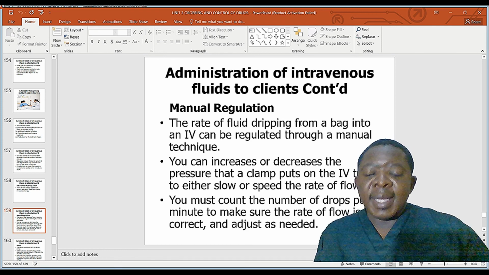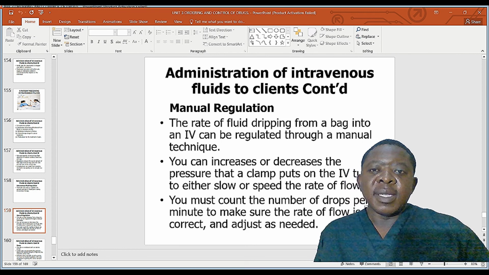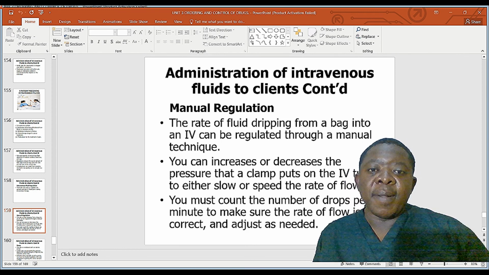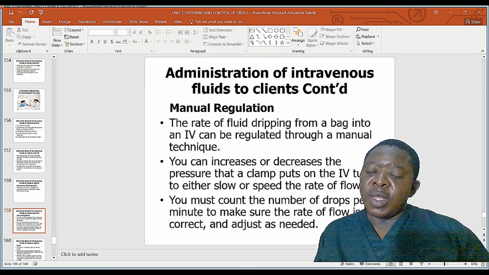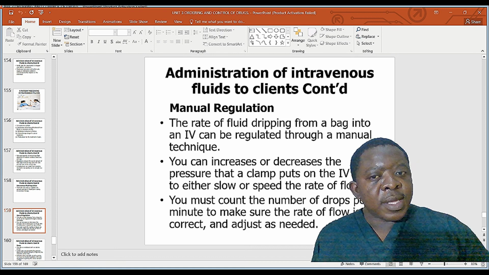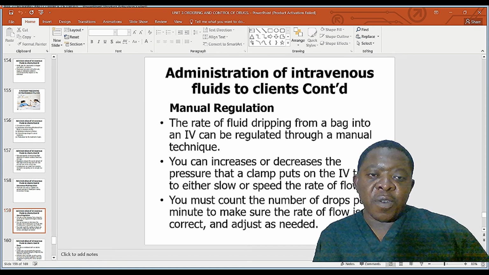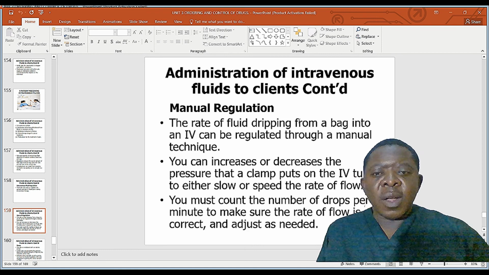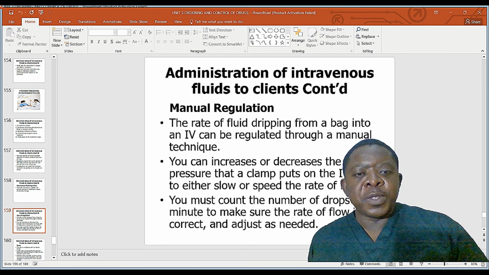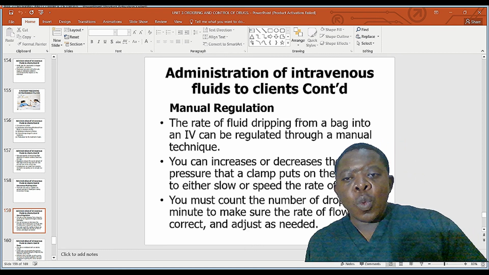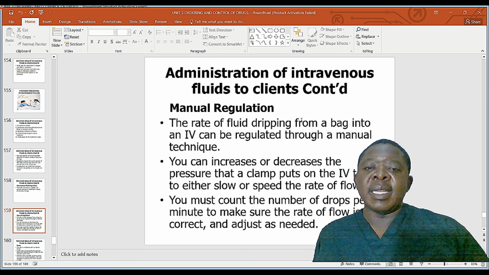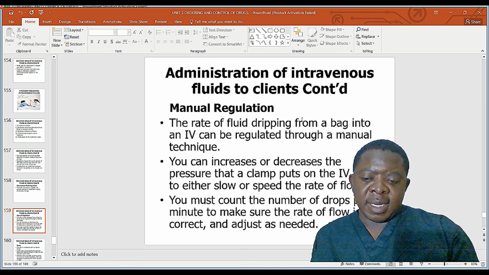You can increase or decrease the pressure that a clamp puts on the IV tube to either slow or speed the rate of flow. You must count the number of drops per minute to make sure the rate of flow is correct and adjust as needed.